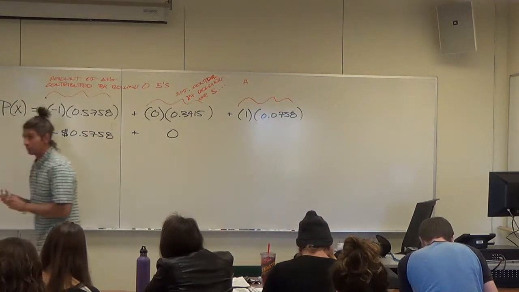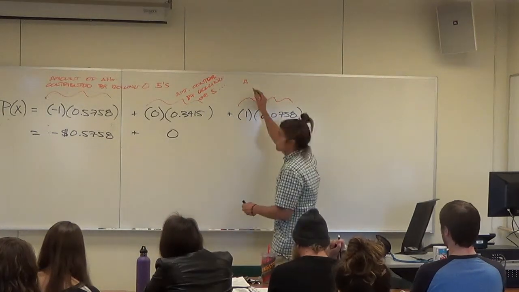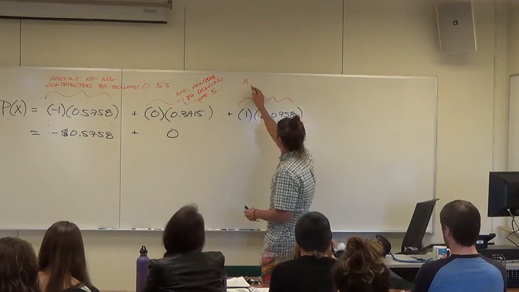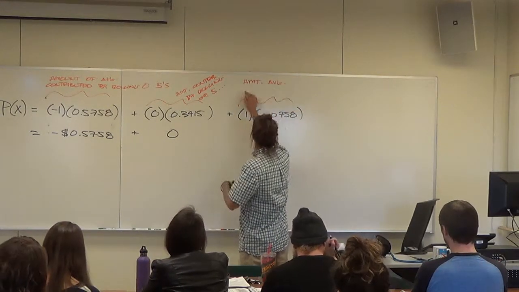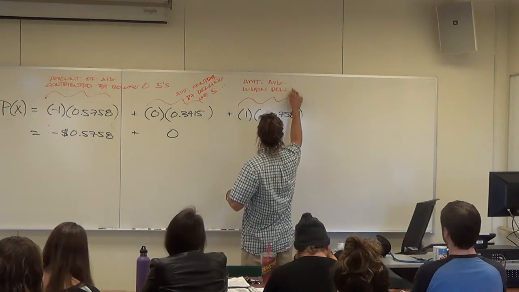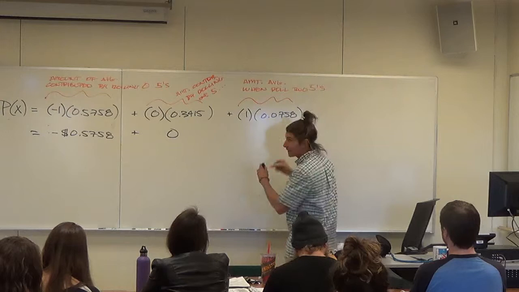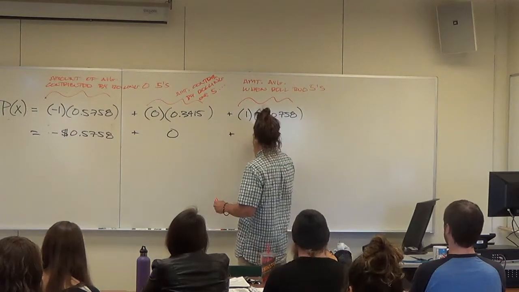Let's not make it worse than it has to be. 458. So now this is the amount we average when we roll 2 5s. Yes? And that's a whopping 7 cents.